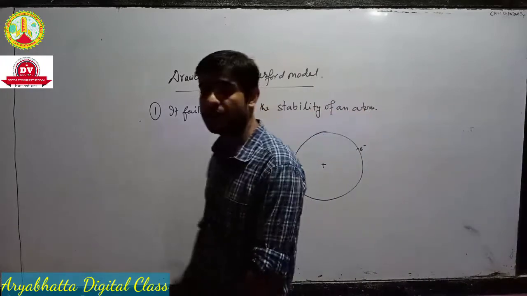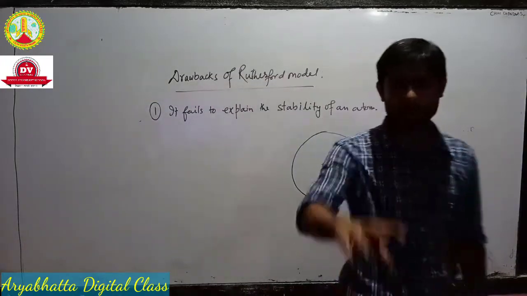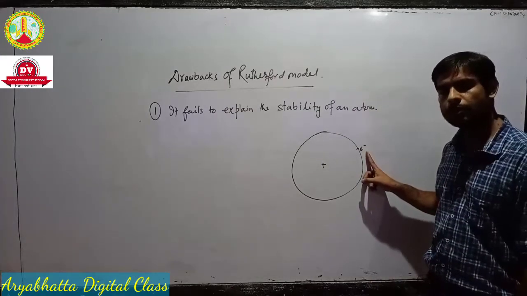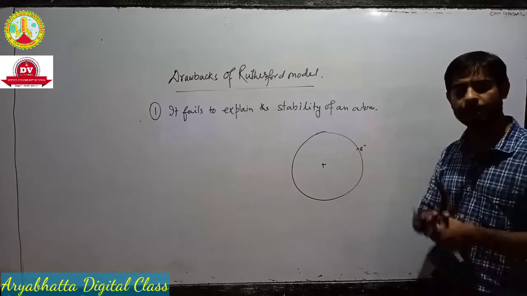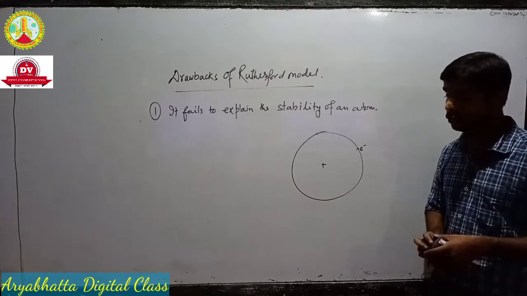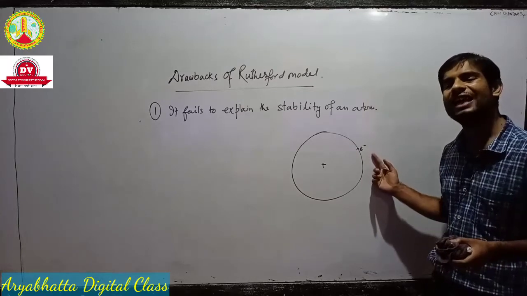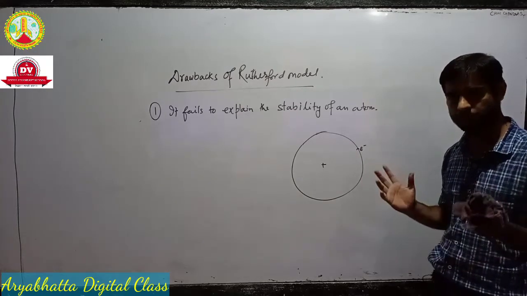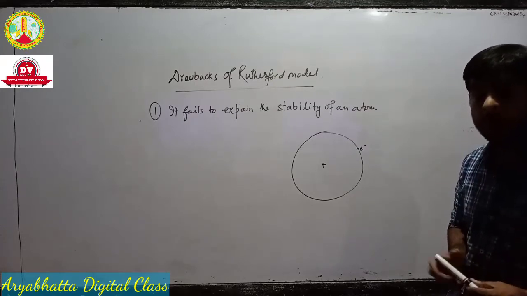Now electron has charge, okay, it has a minus charge, negative charge. So it is a charged particle. It is in circular motion, that is, it is under accelerated motion. So according to Maxwell, it will lose energy, it will radiate energy. Okay, and I must tell you that Maxwell was correct.